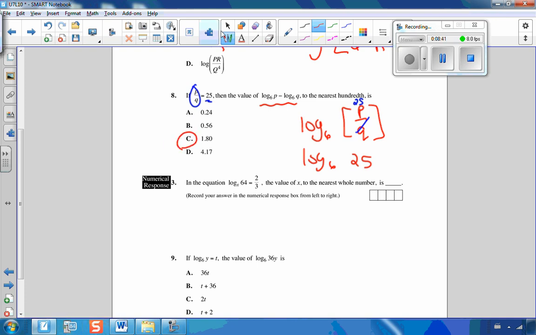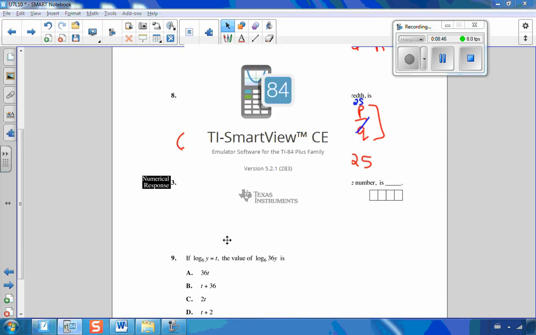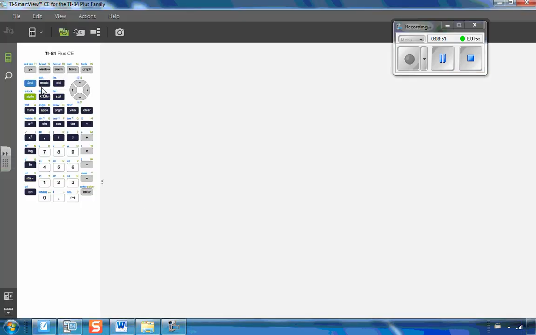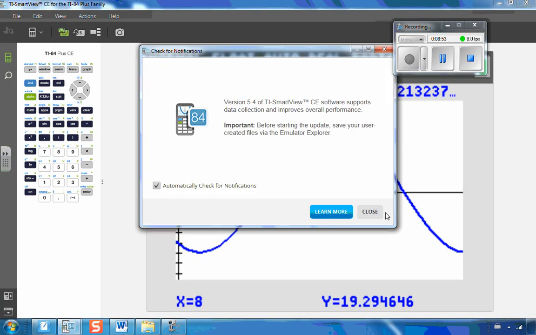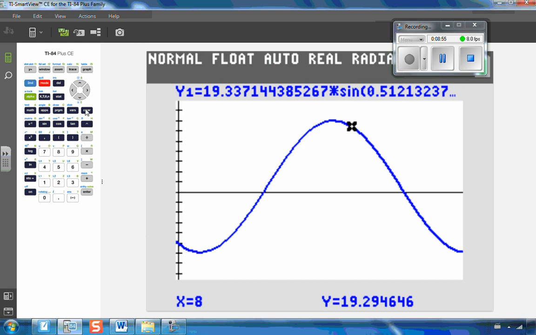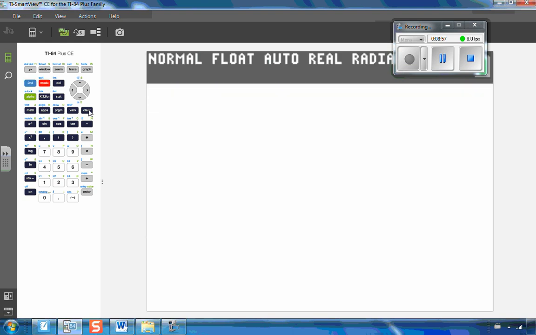So just so that I make sure we're all okay on how to do that on your calculator, let's just go in here. And I'll show you, regardless of the calculator that you're using, how you can go ahead and do that. Okay, so if you have an 83, you evaluate this by going log of 25, close your brackets, divided by log of 6.